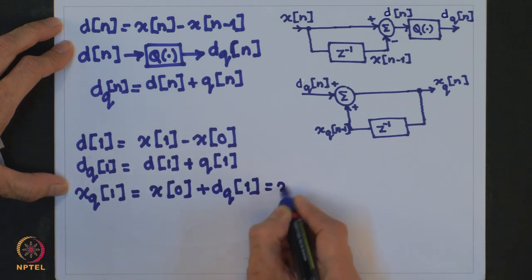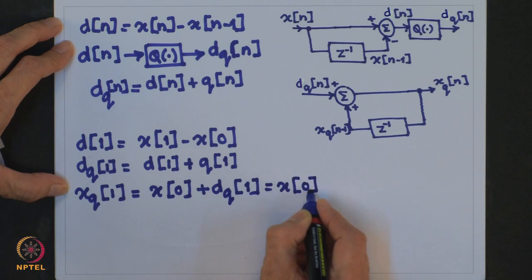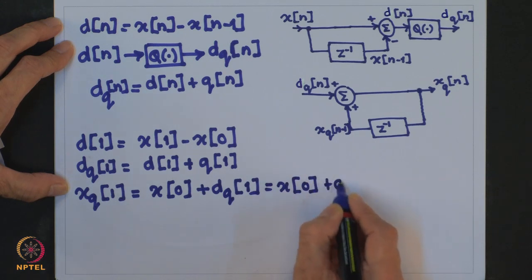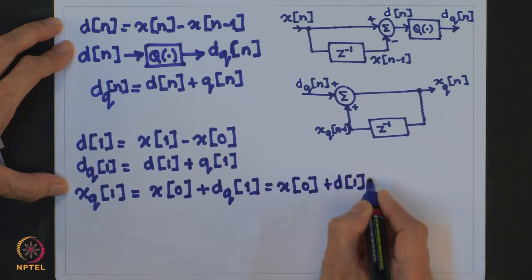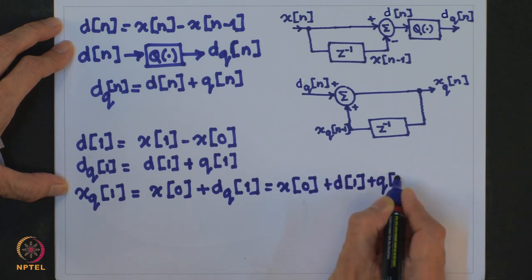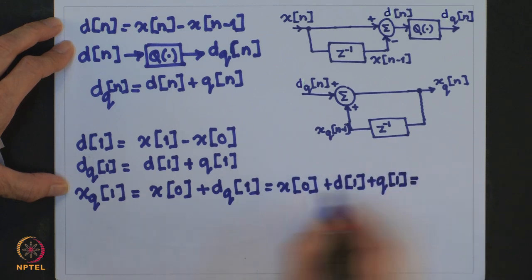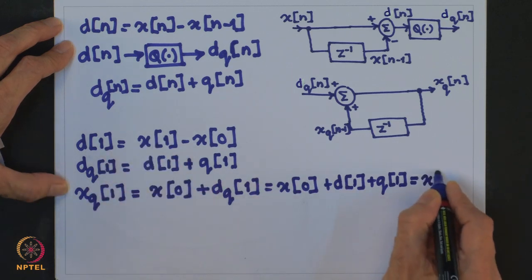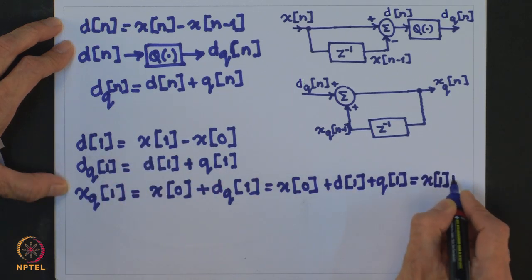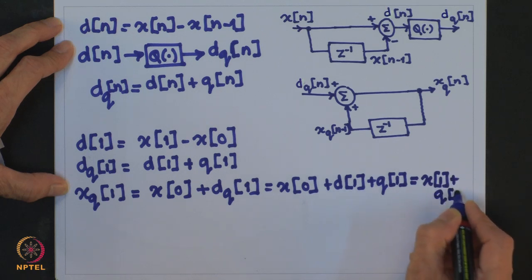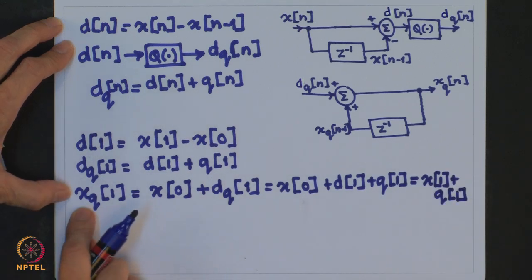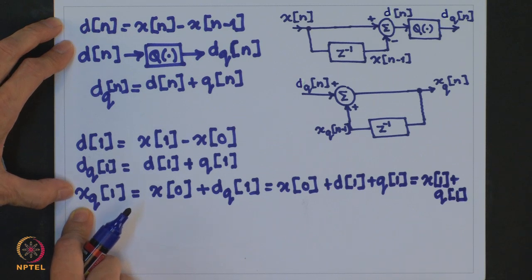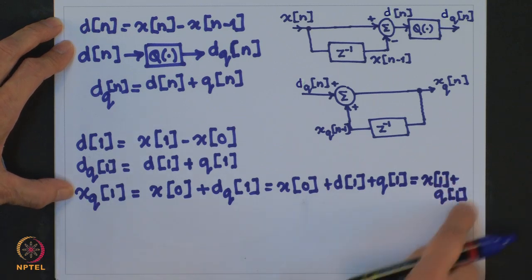This I can rewrite as x0 plus d1 plus q1, and now x0 plus d1 is equal to x1. So, the first reconstructed value has suffered the quantization error q1.